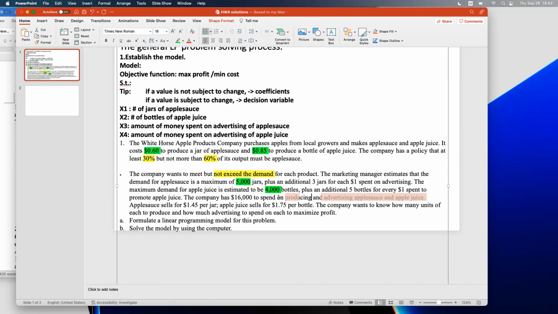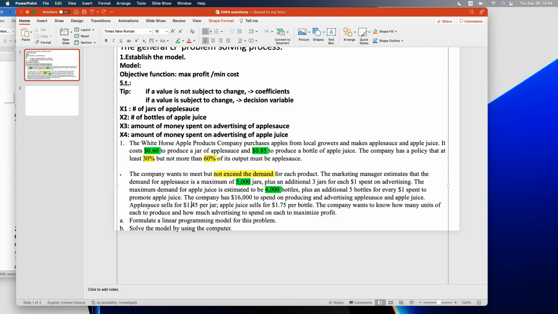So that's our decision variables. Basically, we need to find how many bottles, how many jars we want to produce. So that's X1, X2. And advertising applesauce, apple juice, that's X4 and X3. So the money spent on advertising applesauce and apple juice.